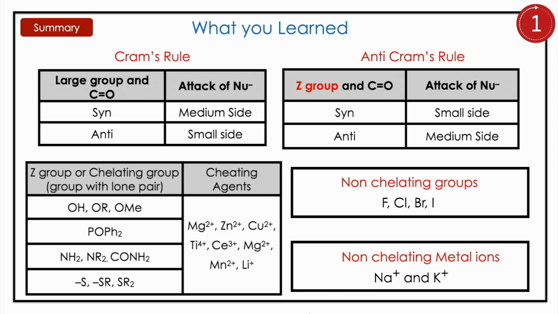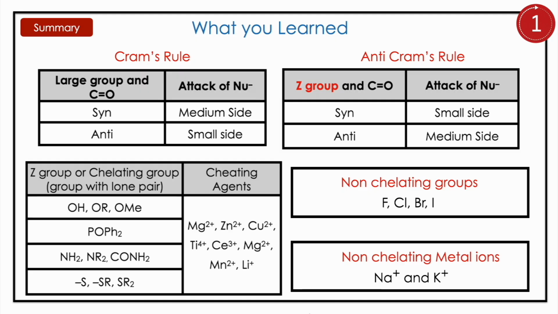Z group is a coordinating group, mostly with oxygen, nitrogen and sulfur, rarely with phosphine. The chelating agents are magnesium, zinc, copper, titanium, cerium, manganese and lithium. Non-chelating groups are fluorine, chlorine, bromine, iodine. Non-chelating metal ions are sodium and potassium.